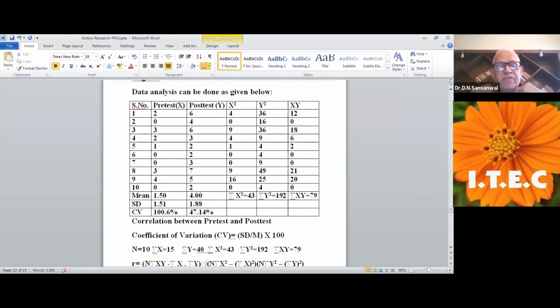Now, my dear friend, this is the situation. Let me interpret this. What is the meaning of it? See, earlier the differences were large, and after the treatment the differences have decreased.